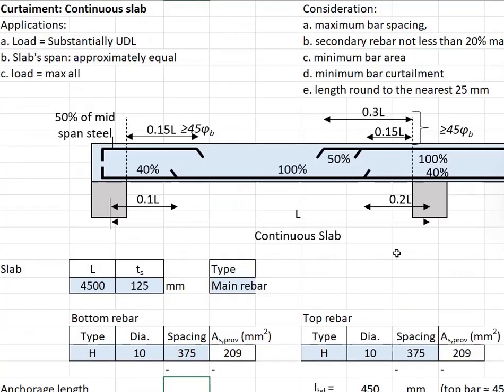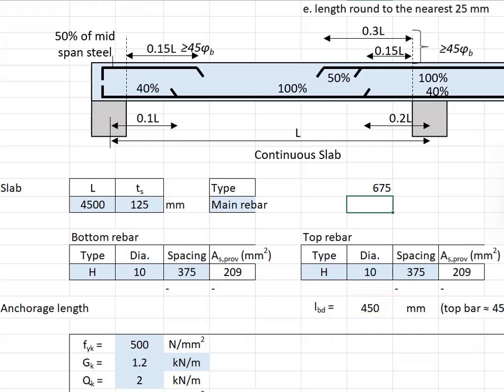Now you need to determine the locations where you can end this bar. Two conditions here. It is either 0.15 times the effective length, or it must be greater than 45 times the bar diameter. 0.15 times the effective length of 4500, you get 675. 675 mm is greater than 45 times the bar diameter, which is 450.